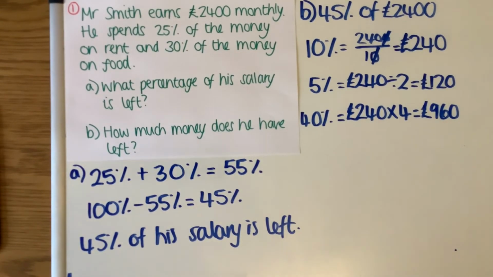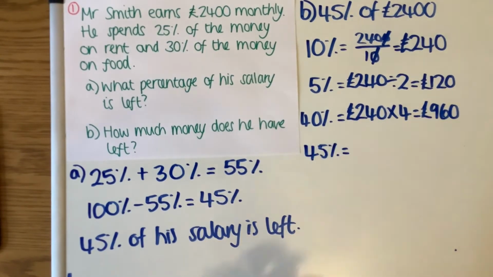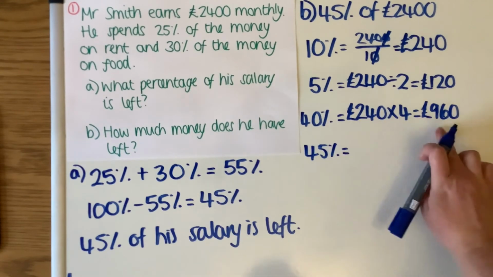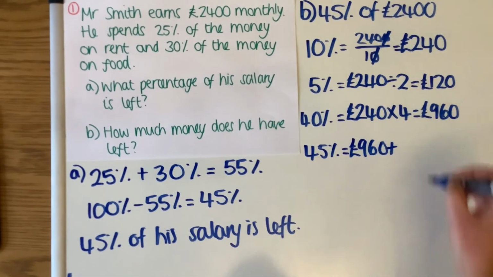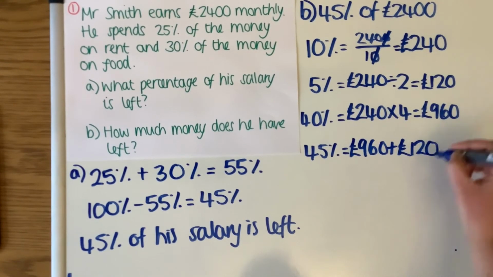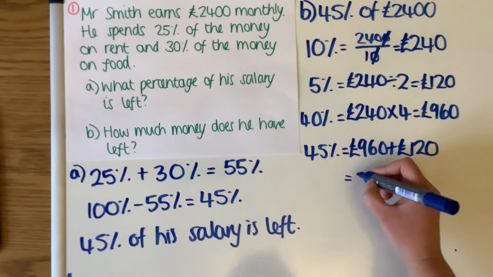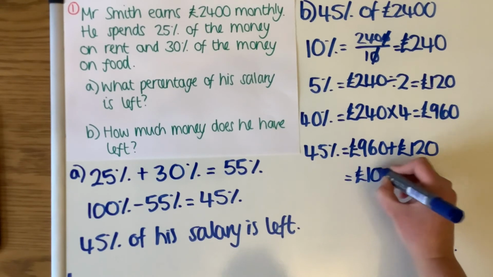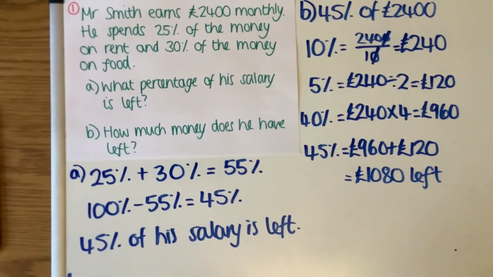Now to work out what 45% is, I do my 40%, which is 960, add my 5%, which is 120. When I add 960 and £120 together, I get £1,080. That is the amount of money that he has left.